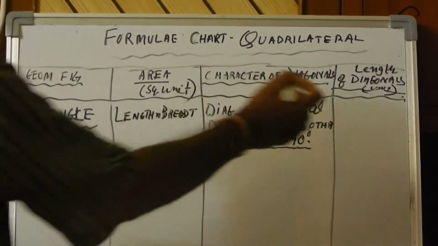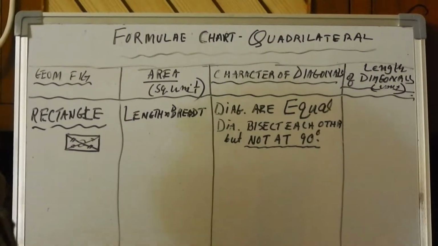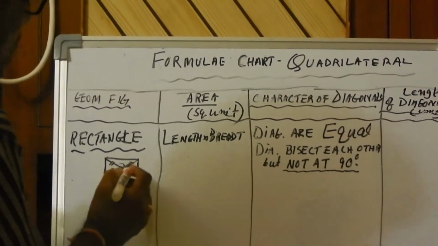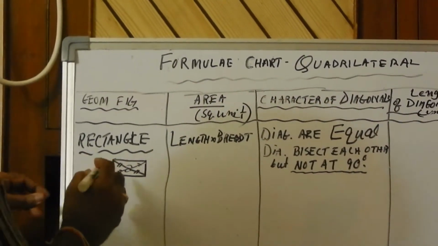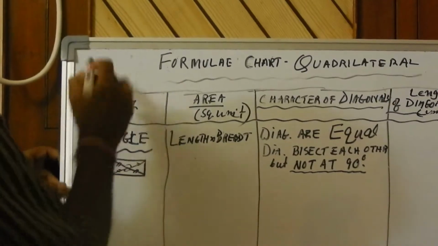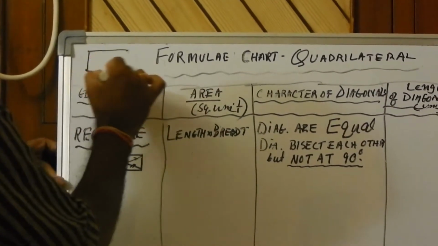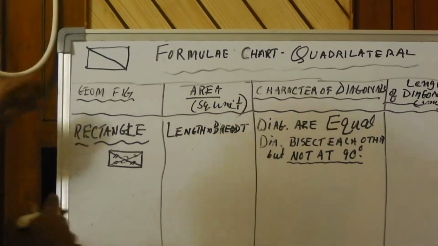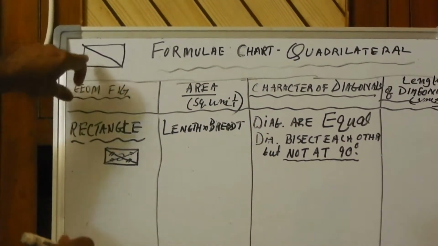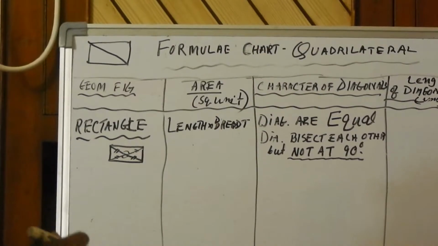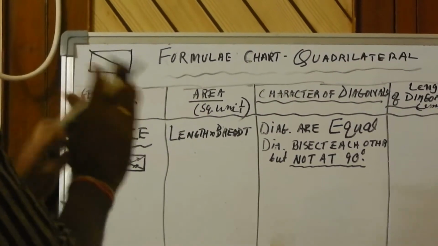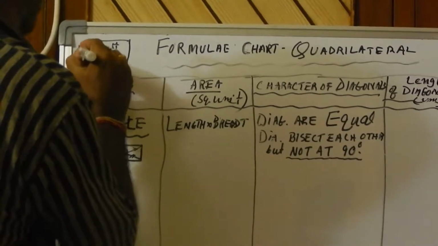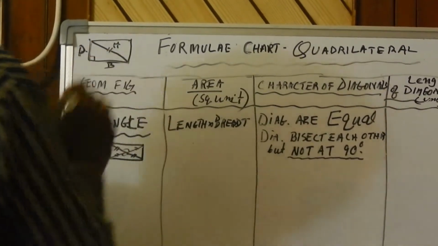And another heading there, length of the diagonals. You can see from this figure that in any rectangle, the diagonal divides the complete rectangle into two right angle triangles. This is perpendicular, and this is base.